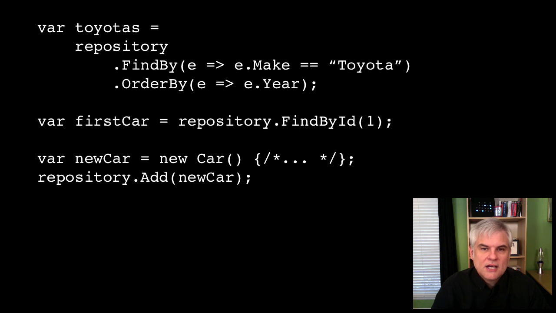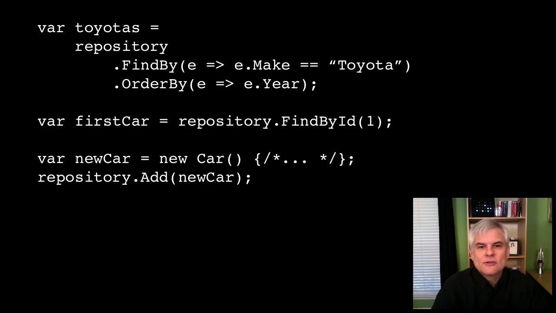You can explicitly put in some of the properties that you want to set as an initializer, and then you would call repository.Add, passing in a new instance of Car, so the newCar variable. All right, and I actually stole this example from a popular MSDN article, and I changed some things about it to make it easier to read. I'm going to reintroduce that article later on in this series.